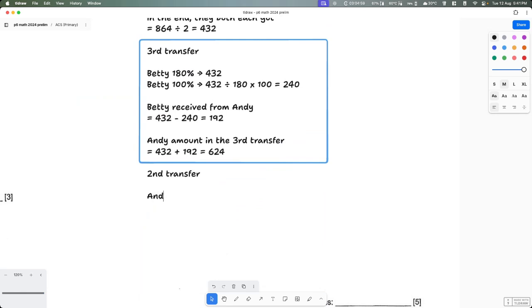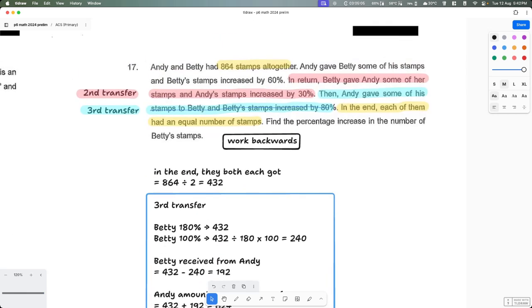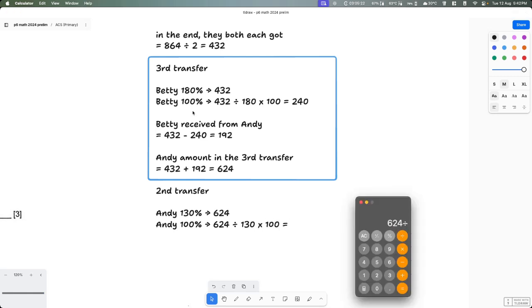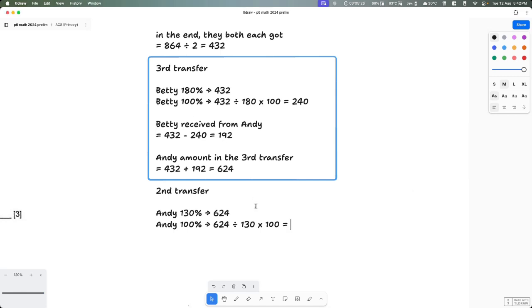So Andy got 130%, and this is equal to, in this case, 624. Same thing also, Andy 100% is equal to 624, and then we divide it by 130 times 100, and what will this give us? Divided by 130 times 100, this will give us 480.